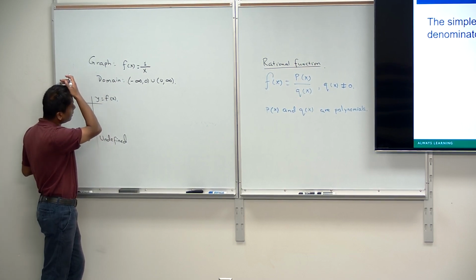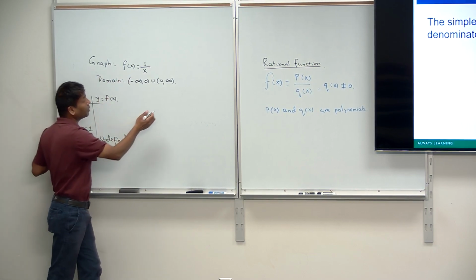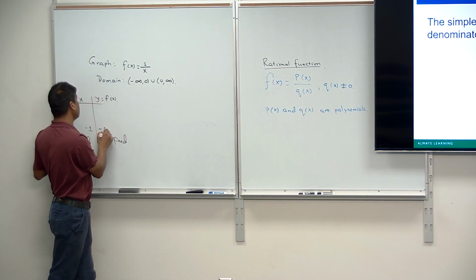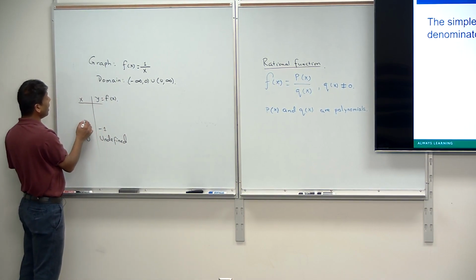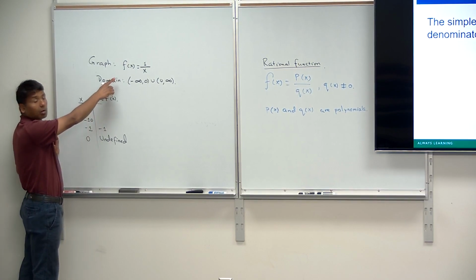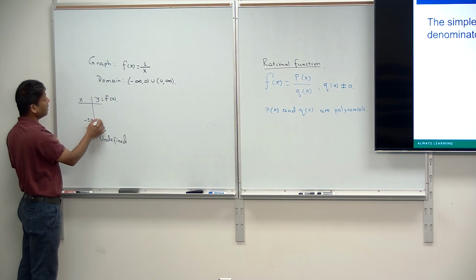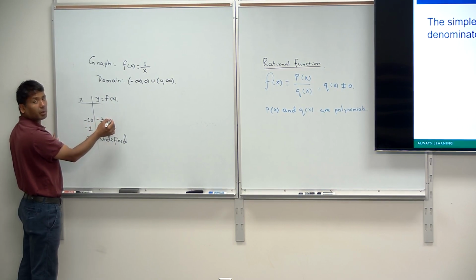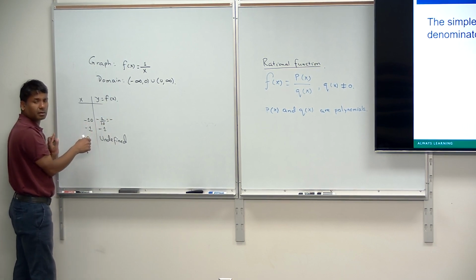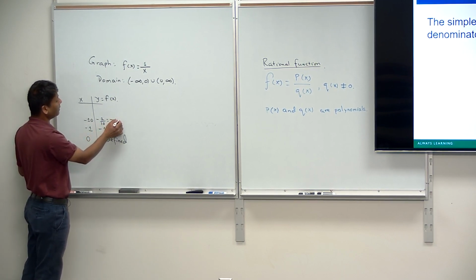Now if I plug in x equal to negative 1, it gives exactly negative 1. If I plug in x equal to negative 10, what will this be? Yes, negative 1 over 10, which as a decimal is negative 0.1.